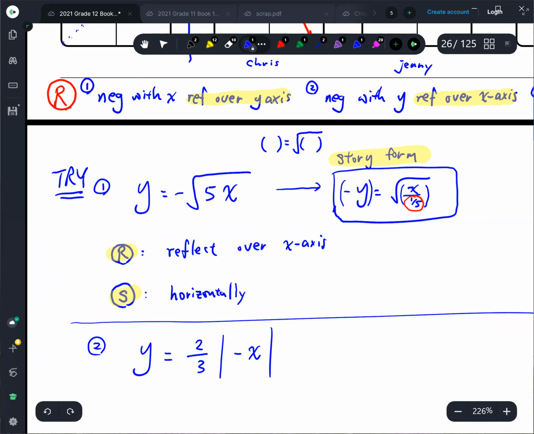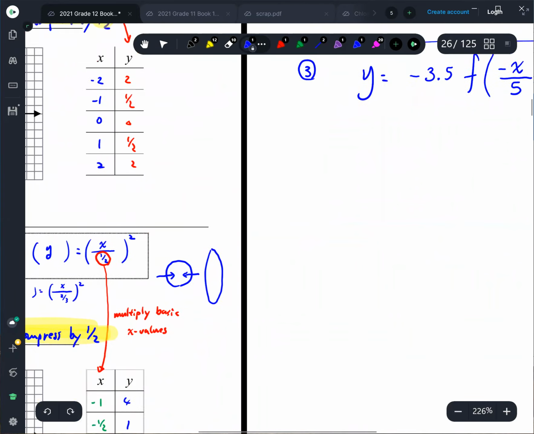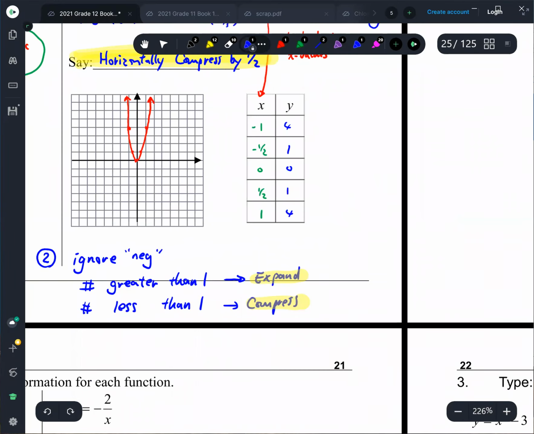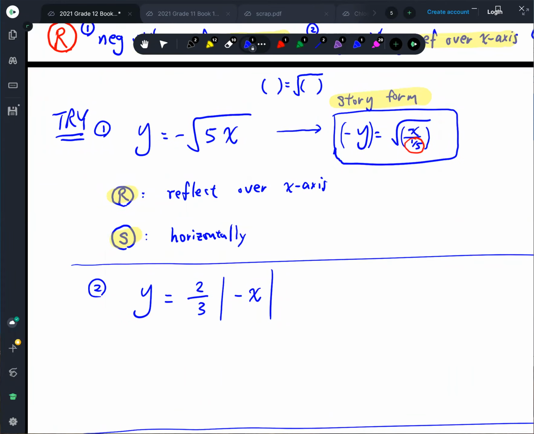Okay, so horizontally, and then how do I know if it's expand or compress? What's the rule say? Horizontally compressed by 1/5. Because? How do you know it's compressed?